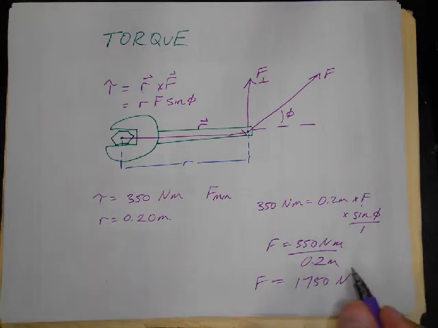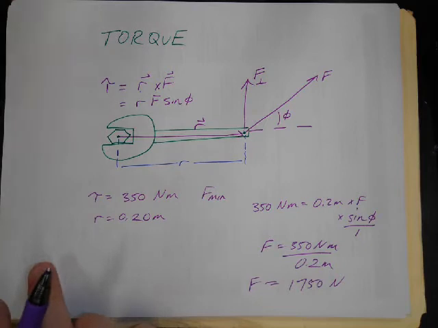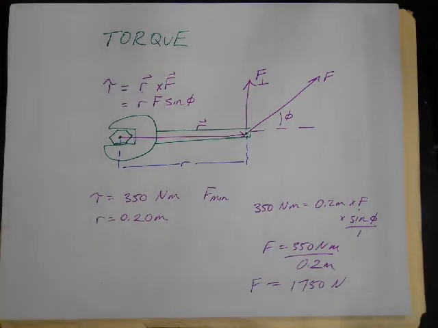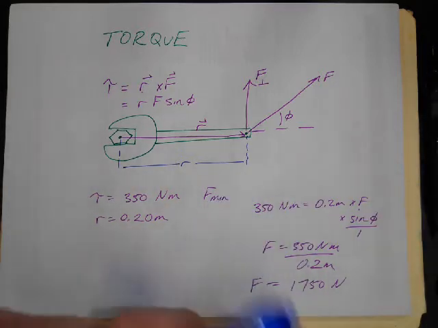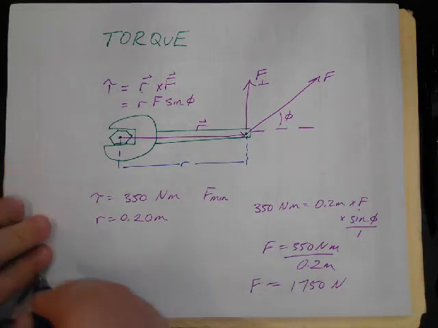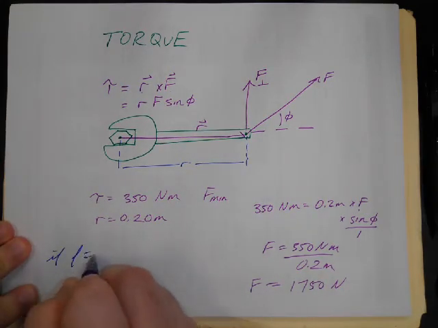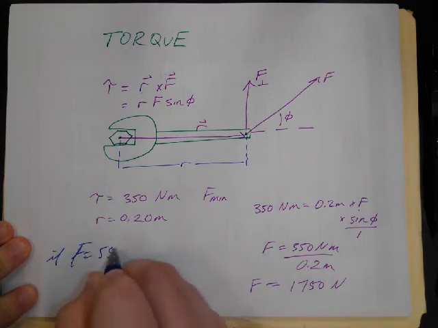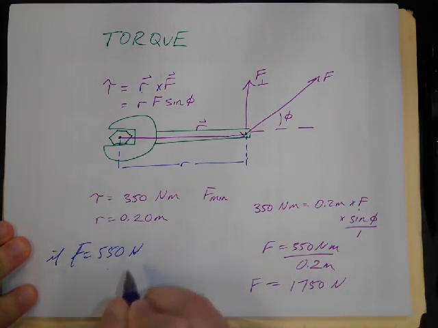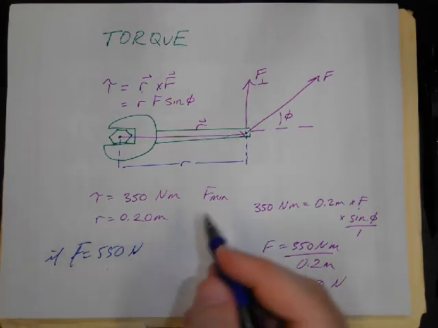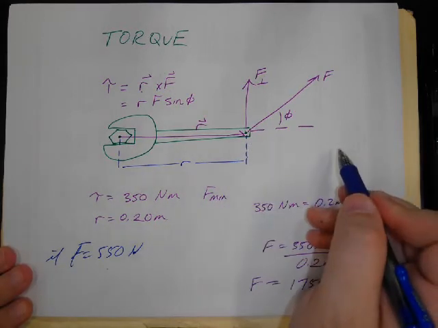So if we can't apply that force for some reason, this is more than most people's body weight, certainly more than mine. Let's say you can only apply 550 newtons. Well, the other thing you can do is extend R.